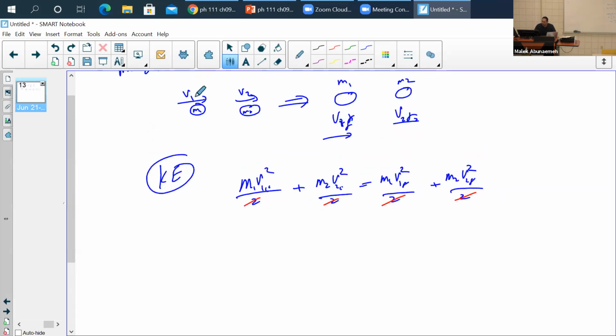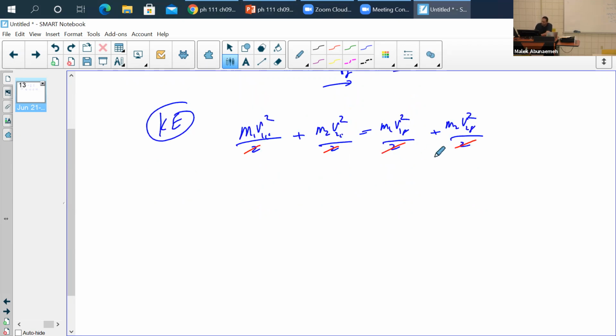Oh, hold on, this is going to be v1 initial, v2 initial, v2 final. Yeah. So you get m1 v1 initial squared plus m2 v2 initial squared is going to equal m1 v1 final squared plus m2 v2 final squared.